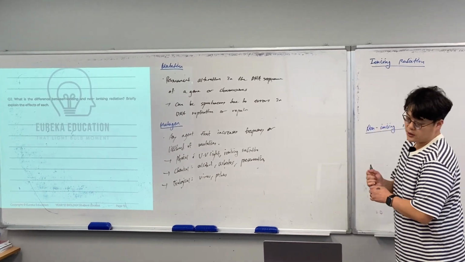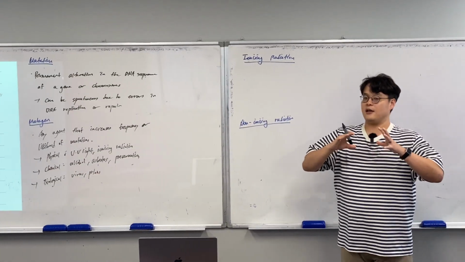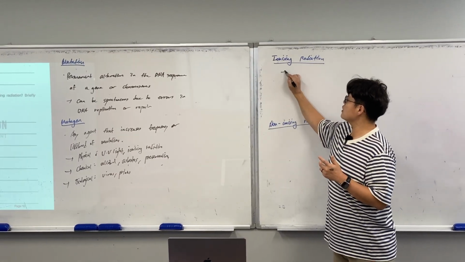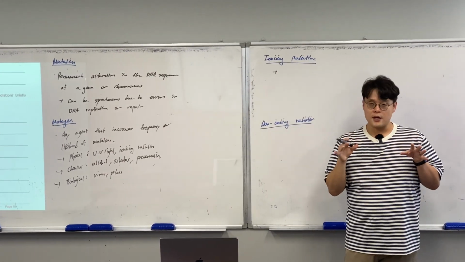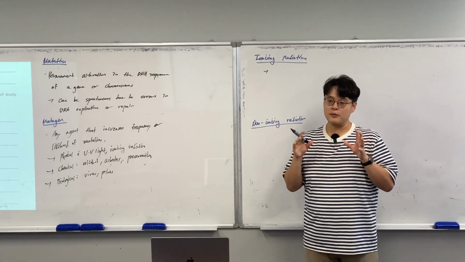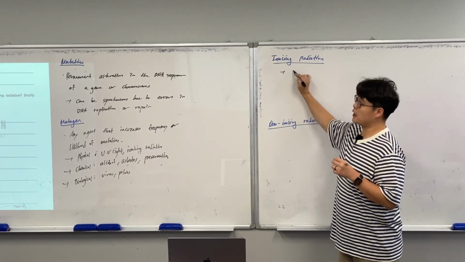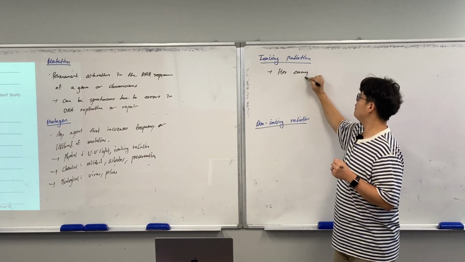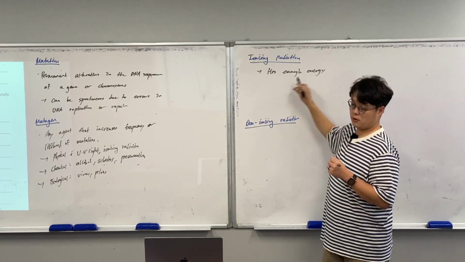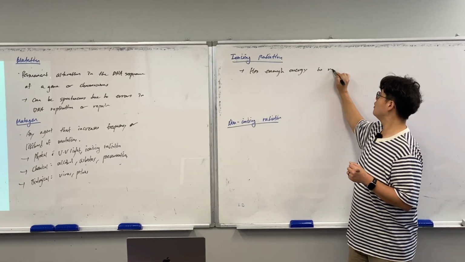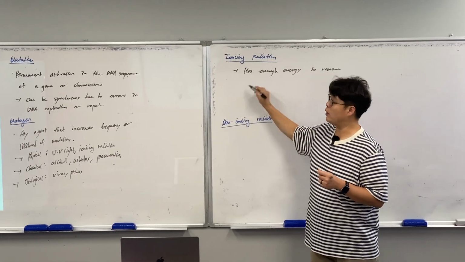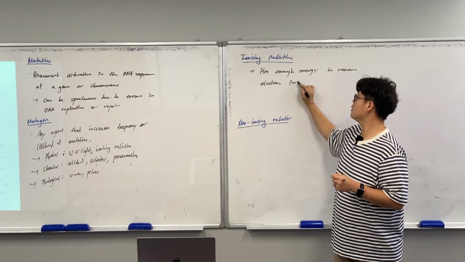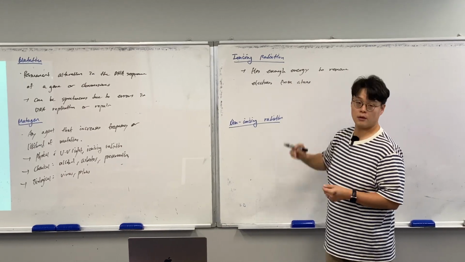Okay, so I'll give you a little chemistry behind that, the meaning of ionizing. Those who studied biochemistry in year 10 or year 11 probably know what ions mean. So ionizing radiation refers to radiation that has enough energy to remove electrons from atoms.